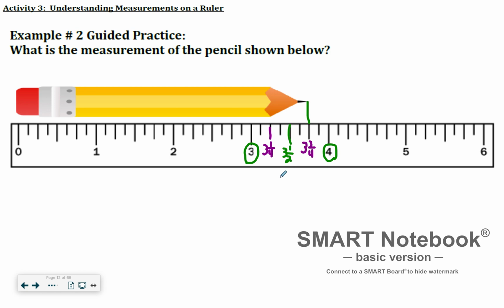And just so we're not confused, 3 1/2 is the same as 3 2/4. So that means the point of our pencil matches up with 3 3/4 inches, or 3 3/4 long. Don't forget to label.